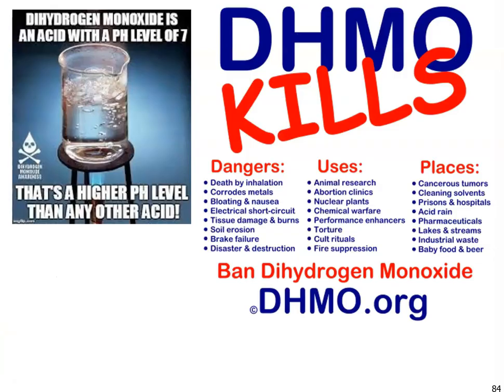Back in, I believe, the early 2000s, there was a student that found out that this compound was very present in our environment and moved to ban this from use in the schools. And so he led a petition, and I believe he got the petition to pass. So this was banned.